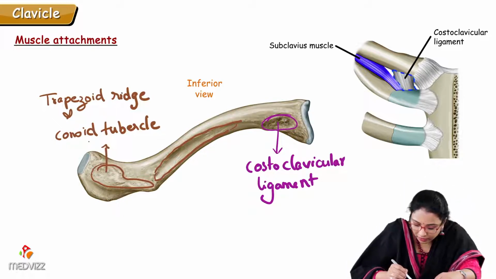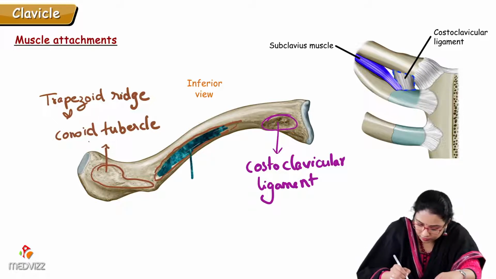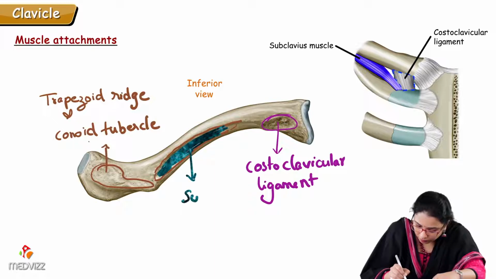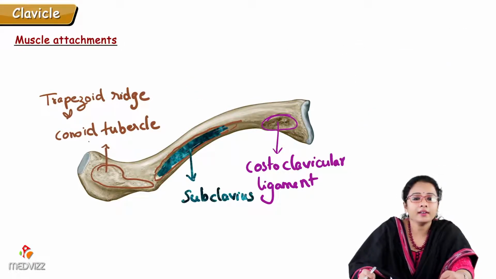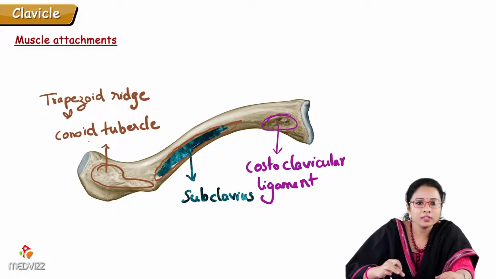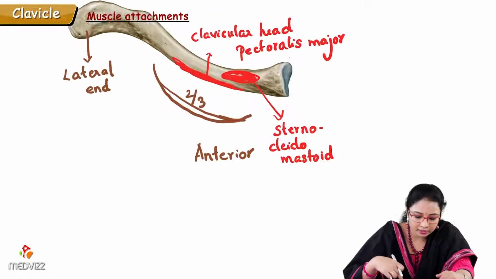So in the middle part we have seen the subclavian groove. This part gives insertion to subclavius muscle. And lateral 1/3, first we will see on the superior aspect.